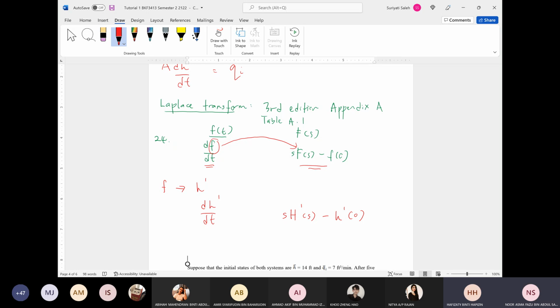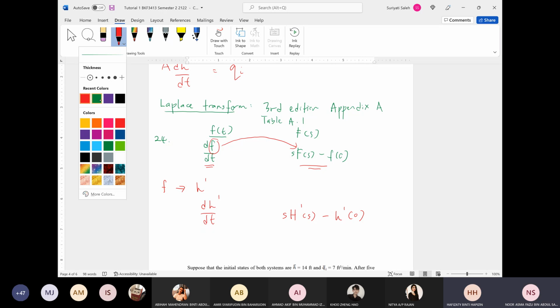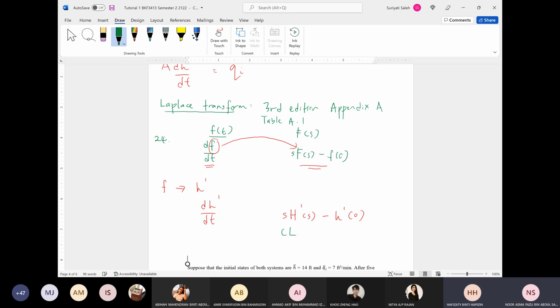So this indicates how you can do the Laplace transform for the given differential equation. Whatever differential equation we have, we just follow the same thing. dh prime over dt becomes s H prime(s) minus h prime(0). So this is the Laplace transform for the given differential equation.